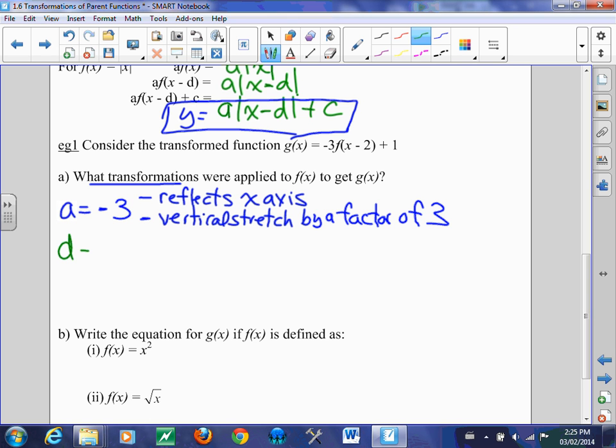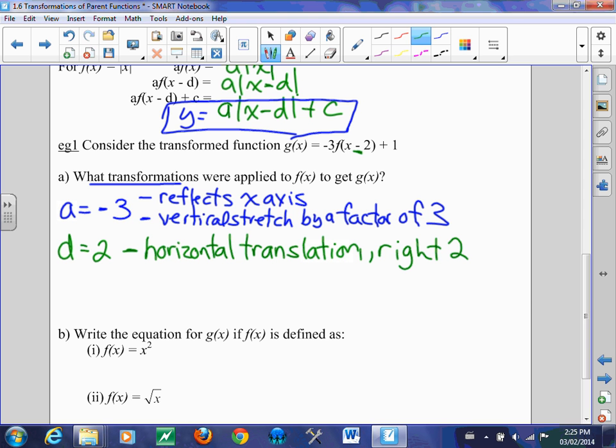Now let's take a look at our D. D is 2. Just remember, it's x minus D, so the negative part stays the same. It's basically the opposite of what you see inside the bracket. Okay, what does that tell us? That tells us we've got a horizontal translation. And because the value is 2, it's going to be right 2. And the last one we can deal with is the C. Okay, the C, in this case, equals 1.